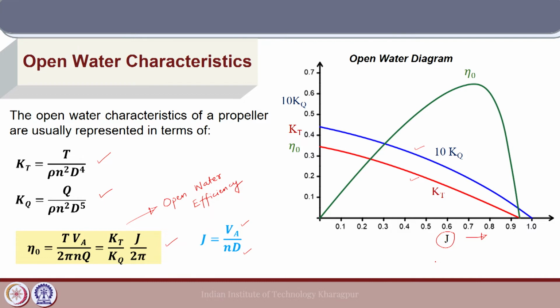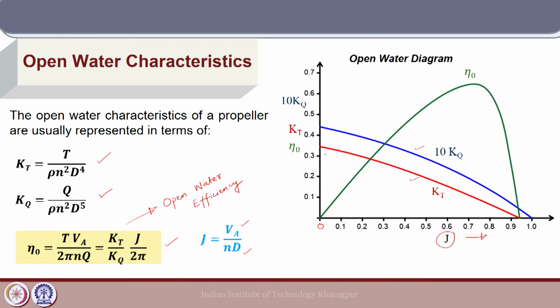So, as J increases, the thrust coefficient and torque coefficient decrease from a highest value at J equal to 0 here. Both these coefficients have the highest value and they gradually decrease at high J values.